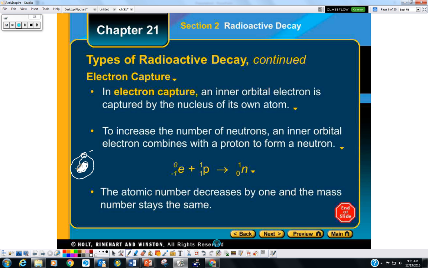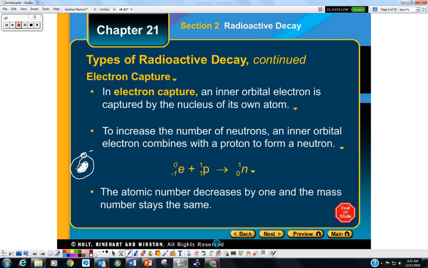So going back, beta emission, an electron is ejected out of there. So something goes from neutral to positive. Positron emission, a positive particle is emitted out of the nucleus and something goes from positive to neutral. And then this one is kind of the reverse of that, where a negative particle enters into it, causing something to go from positive to neutral.